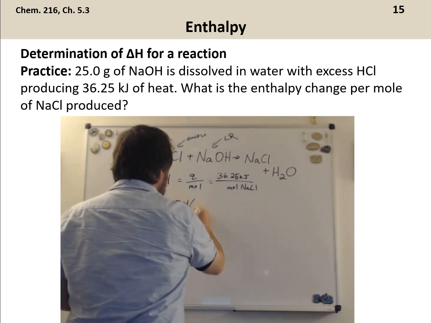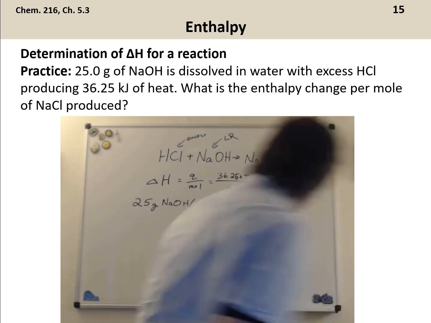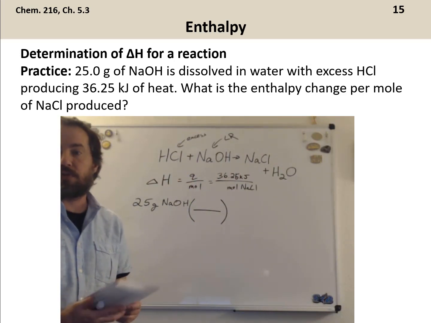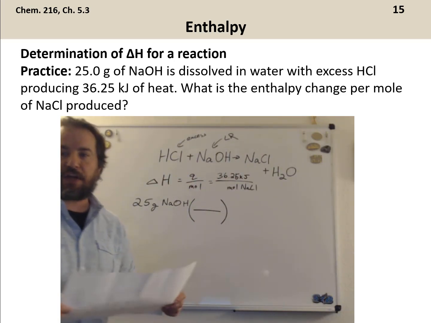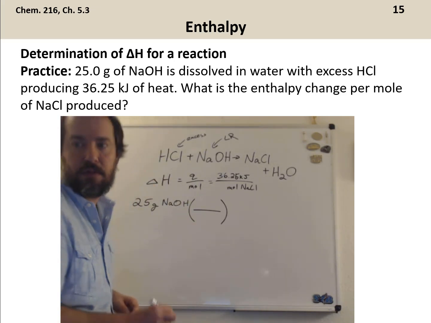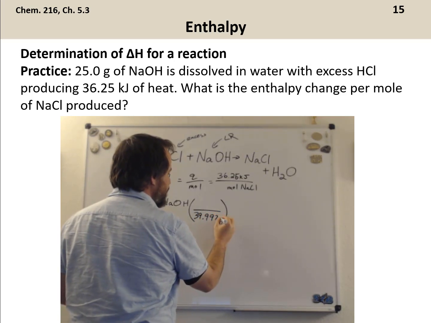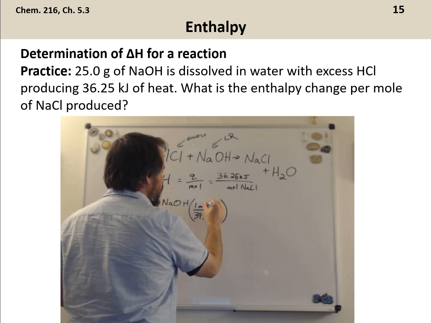All right, so I go ahead. I convert first from grams NaOH to moles NaOH. I can figure out the molar mass of NaOH based on the periodic table. So it's 39.997 grams is 1 mole NaOH.